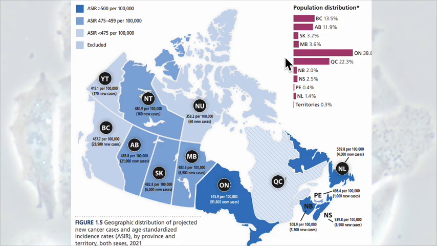So this chart, really the takeaway here is just to show that, as we said on the last slide, even though we see a higher incidence of particular cancers in a given region, such as here we see in Ontario, 545.9 per 100,000 individuals, or 91,600 new cases.